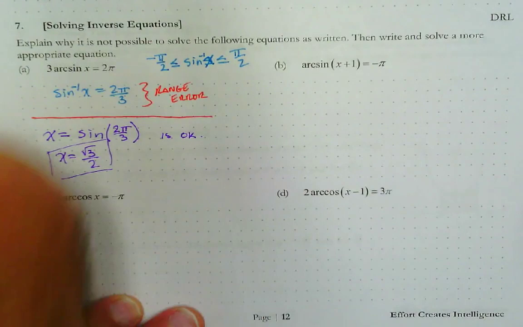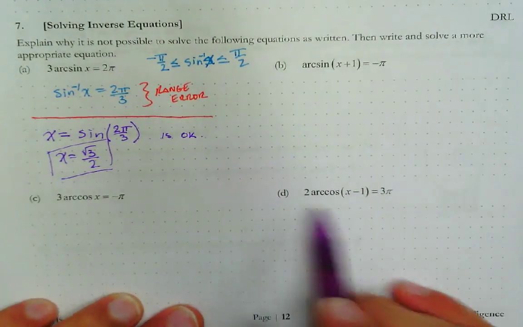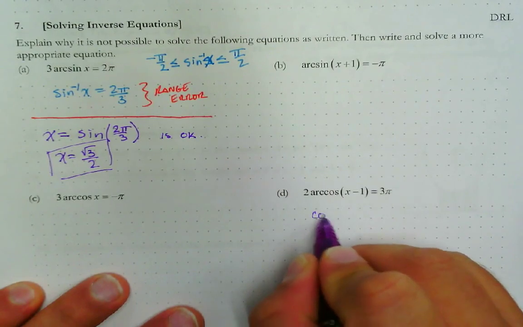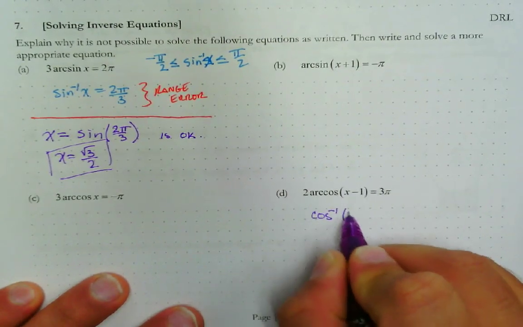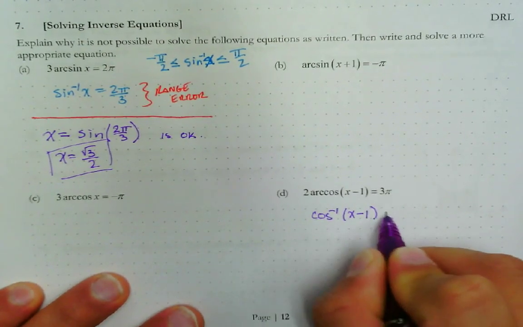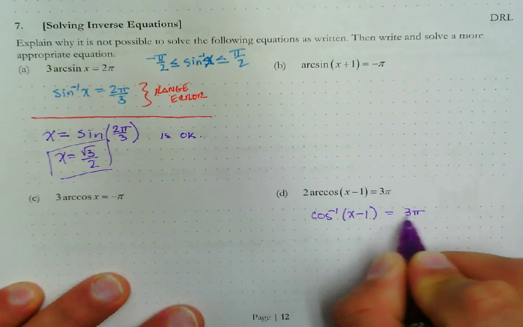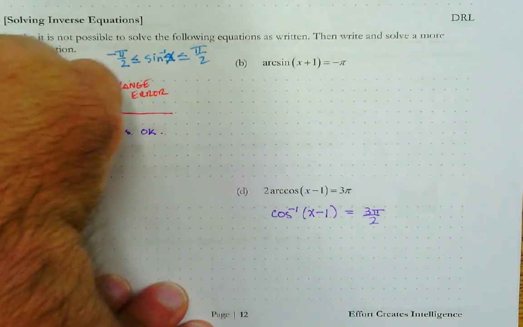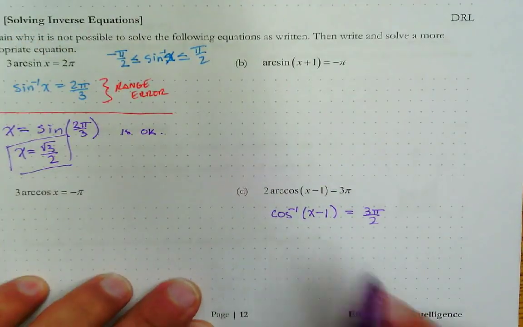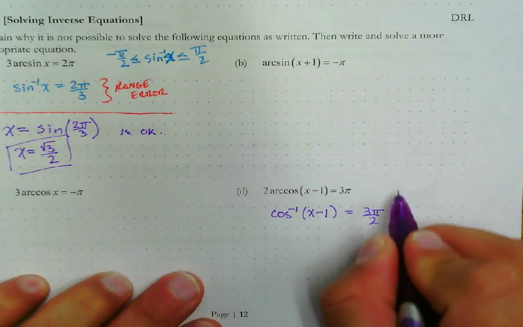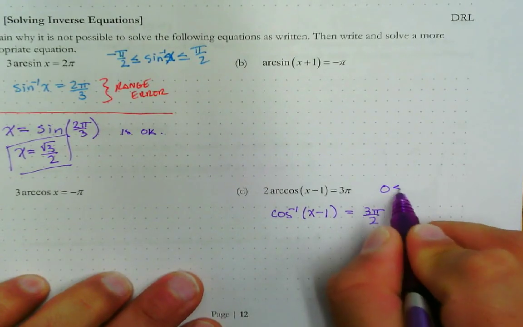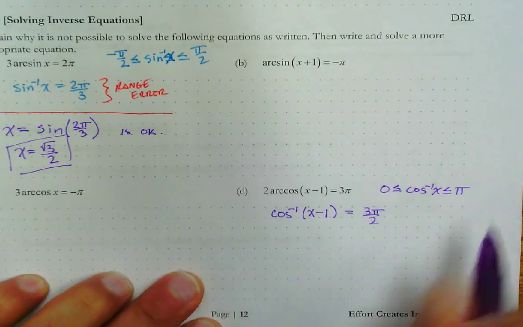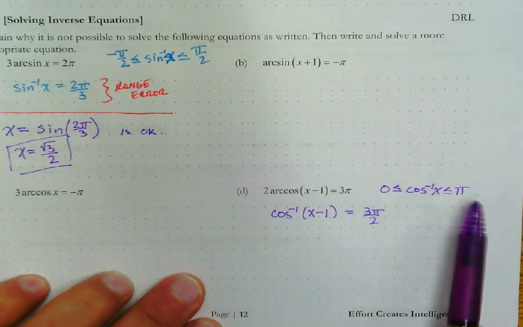Okay? In a similar fashion, we can look at this equation here. Right? And we come over here, we can start this out and say, hey, I'm going to have here the inverse cosine of this angle x minus 1 is equal to 3 pi over 2. Right? However, recall that the inverse cosine is restricted to be between 0 and pi.